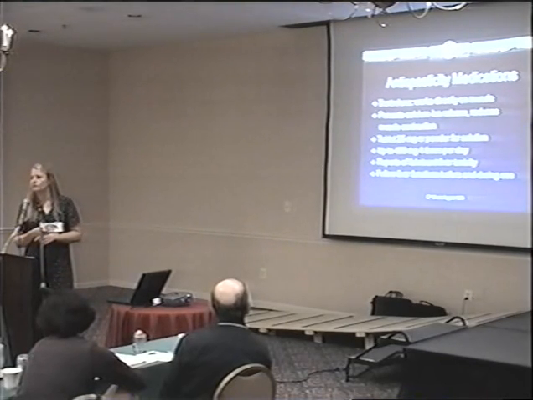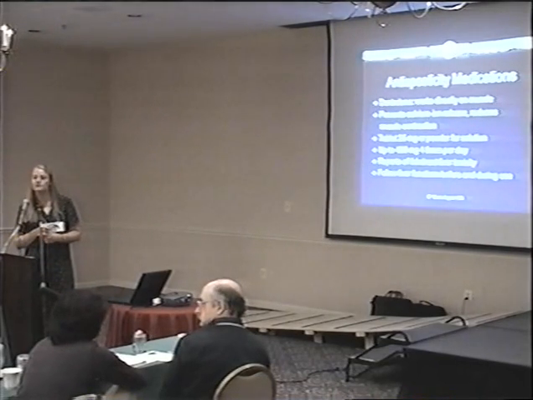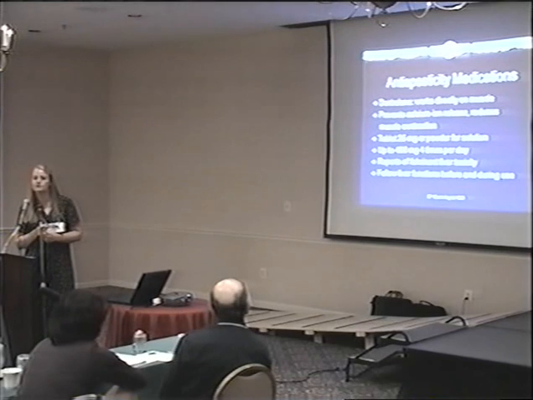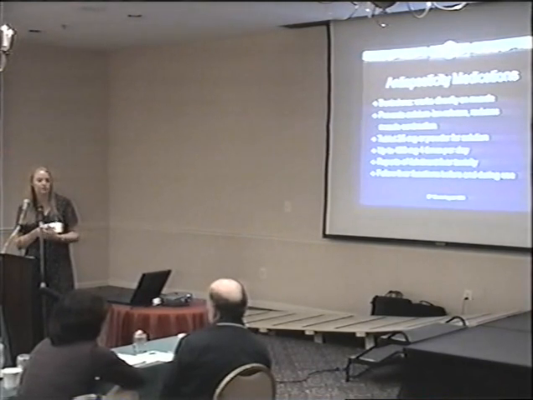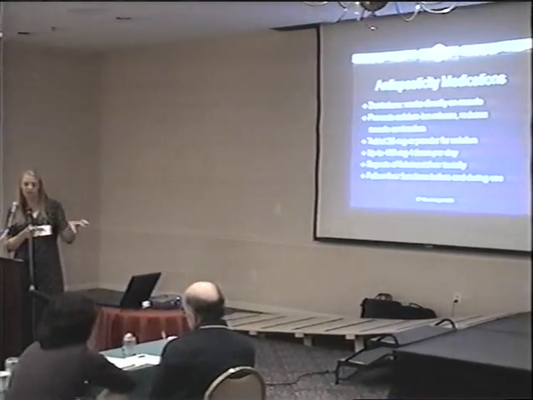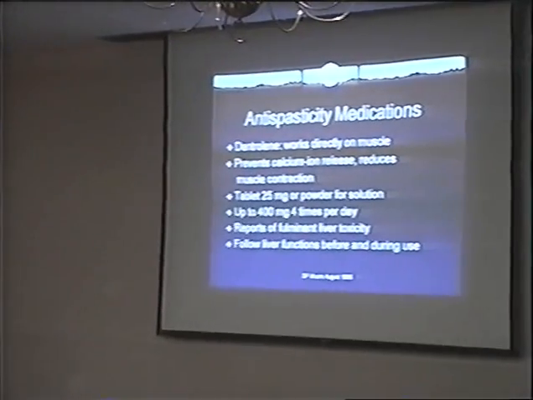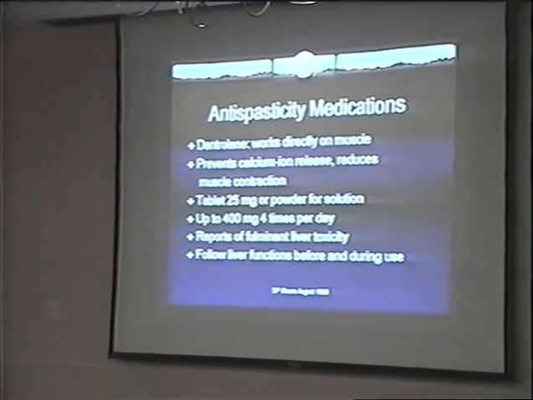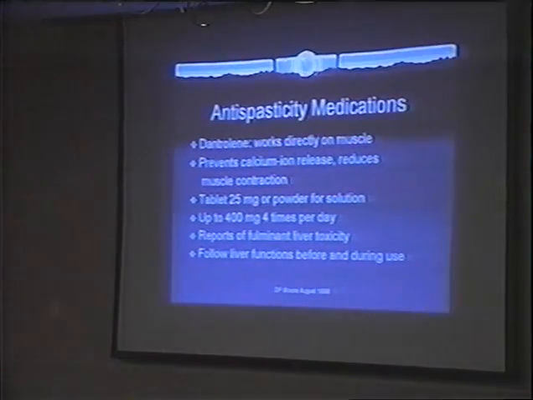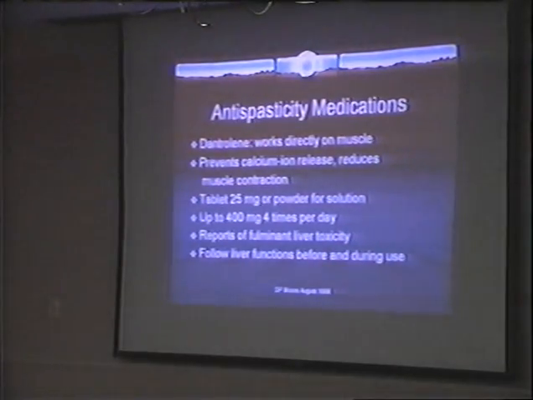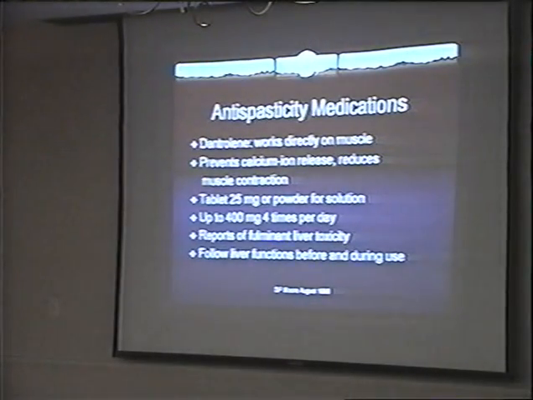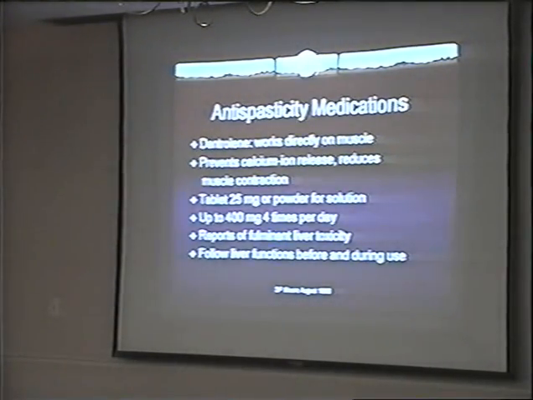Dantrolene. So dantrolene is a pretty commonly used medicine, but it's different. It works on the muscle itself. It prevents calcium ion release, and it reduces muscle contraction, again, right at the muscle itself. It comes as a tablet or a powder that you can make into solution, and in adults you can give up to 400 milligrams 4 times per day, which is an astronomical dose, but that's been described.